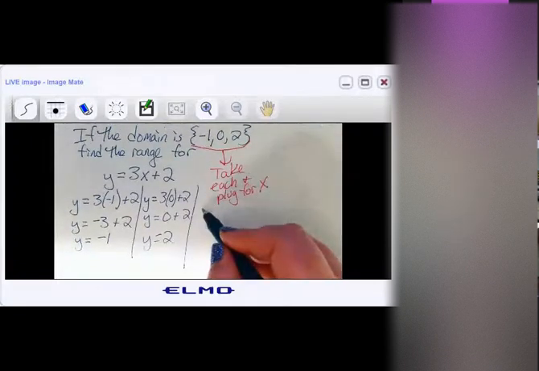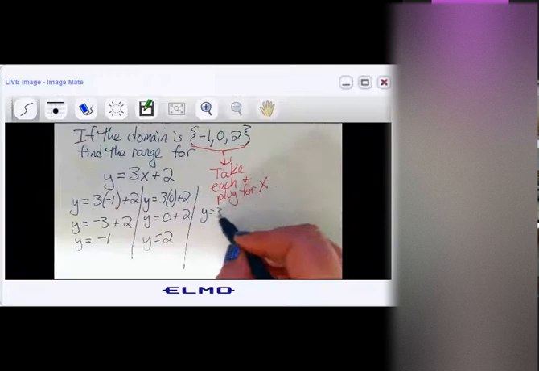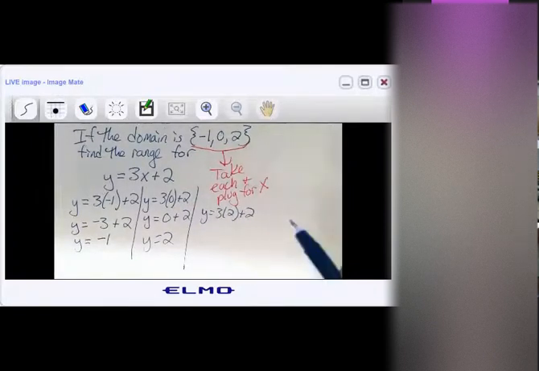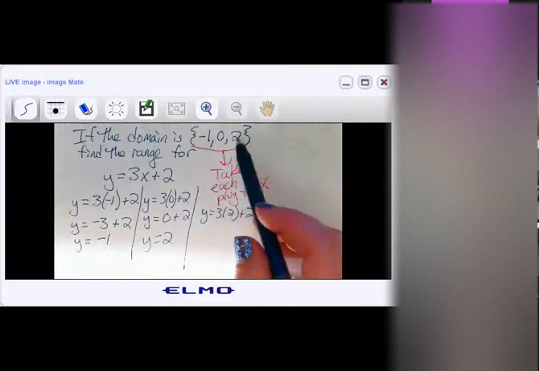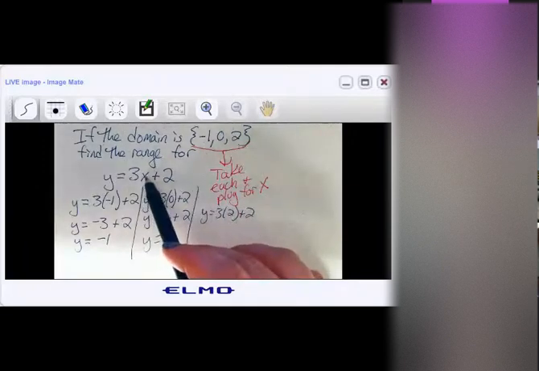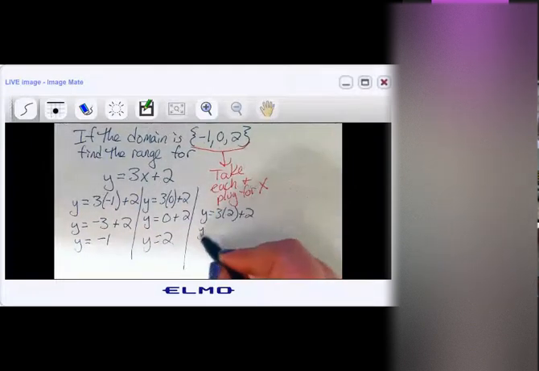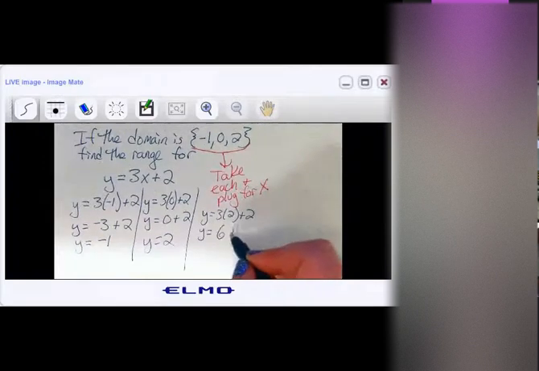So let me just sneak this in here. Y equals 3 times 2 plus 2. Do you guys see where I'm coming up with all of this? I'm just taking each one of these 3 and replacing the X with each one. And that's how I got 3 separate problems to kind of do out. So now I have 6 plus 2, and that's just 8.